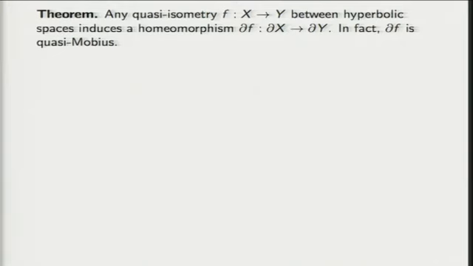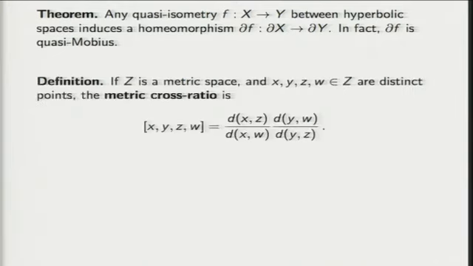Okay, so what is it? What is this Quasimobius condition? So it's a little bit unpalatable at first exposure, but it turns out to be actually a very clean way of handling a number of issues. So what does it mean to be Quasimobius?